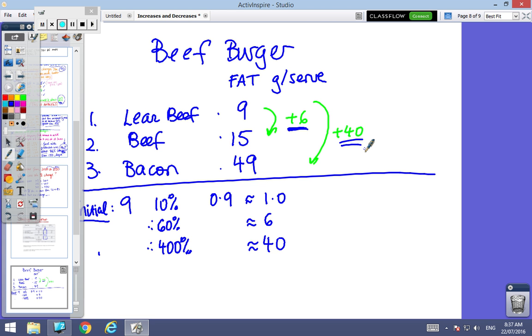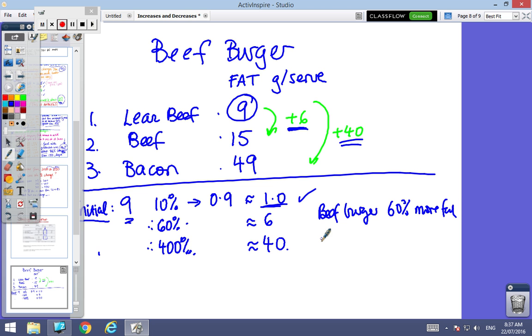If we look at 9 being the initial, we always start from the initial, 10% is 0.9, and let's just round it. 0.9 is about 1, so 6 would be 60% and 40 would be 400%. So we can say that the beef burger had 60% more fat, but the bacon burger, beef and bacon, had more than 400% more fat.